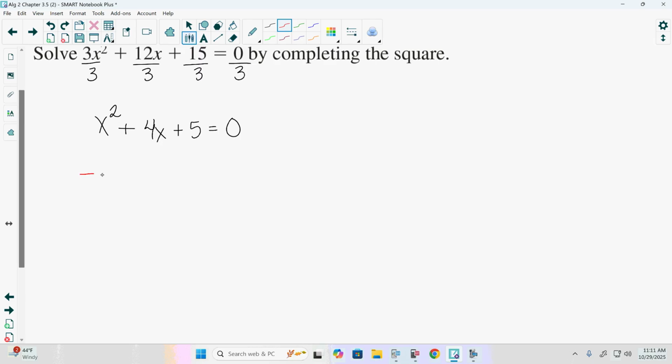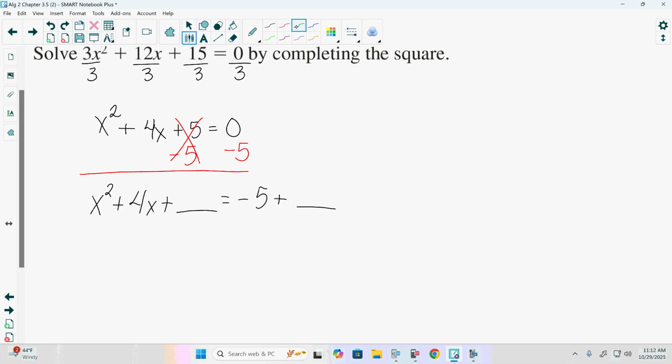Step 2, get the variable ones on one side and the constant terms on the other. So we will subtract 5 from both sides, telling us that we have x squared plus 4x plus, we got the constant terms on one side, and we're leaving 2 spaces. We're leaving space to be able to plug our value of c in. That's going to make this a perfect square trinomial.